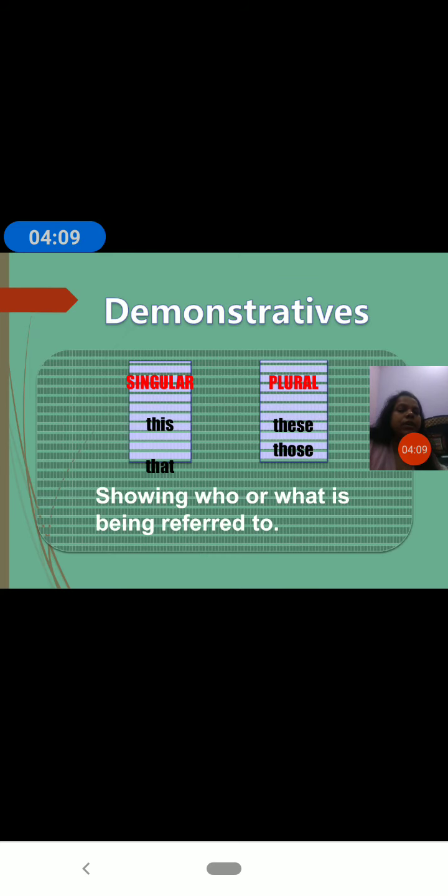Demonstratives, singular and plural. Singular: this, that. Plural: these, those. They show who or what is being referred to.